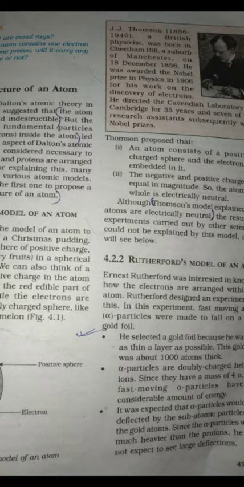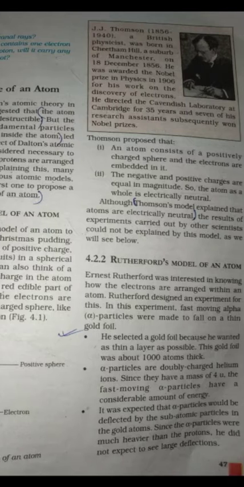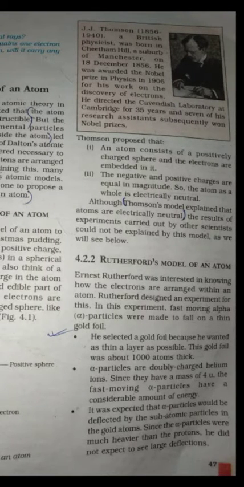Because he couldn't explain many of the further observations and conclusions from experiments performed, like Rutherford's experiment. That is not in your syllabus, so we are not going to take that in detail. You just read it and go through.